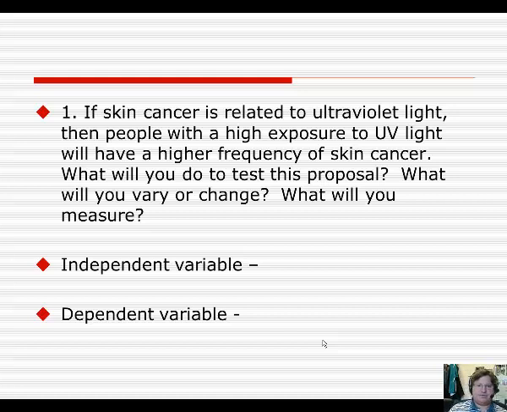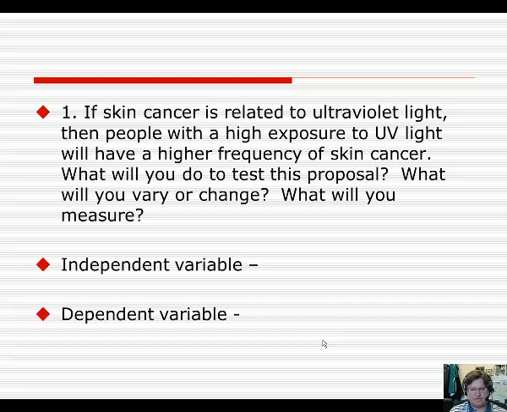So read this example on the slide and tell me what you think. If skin cancer is related to ultraviolet light, then people with a high exposure to ultraviolet light will have a higher frequency of skin cancer. If you designed a study around that question, what would your independent variable be?